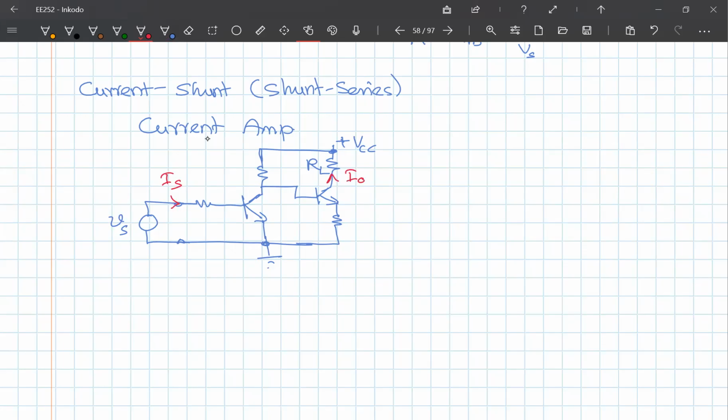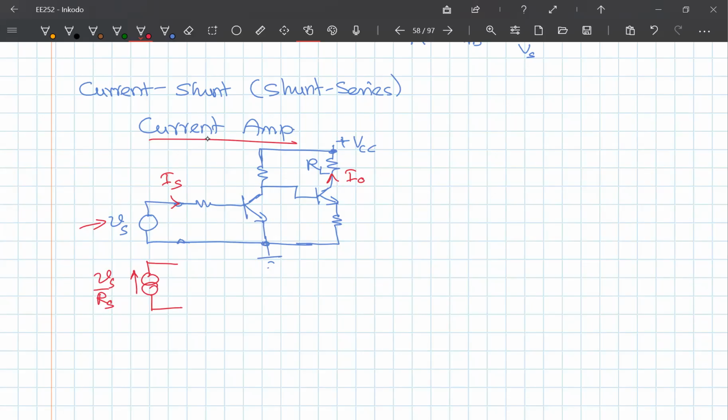Now this is as if you have a Thevenin's equivalent circuit representation. If you have a current amplifier, you need to convert this into a current source. Remember, it will be represented as current source. So VS divided by RS will be your current, but if it is given as IS, that is fine. So this RS is the source resistance of the Thevenin's equivalent circuit.